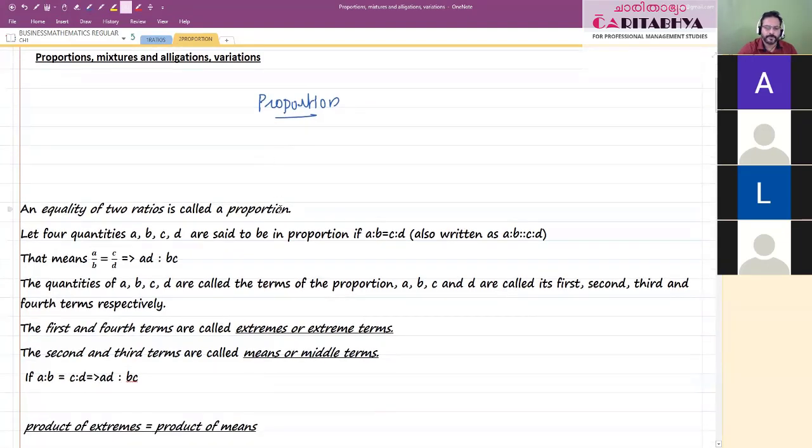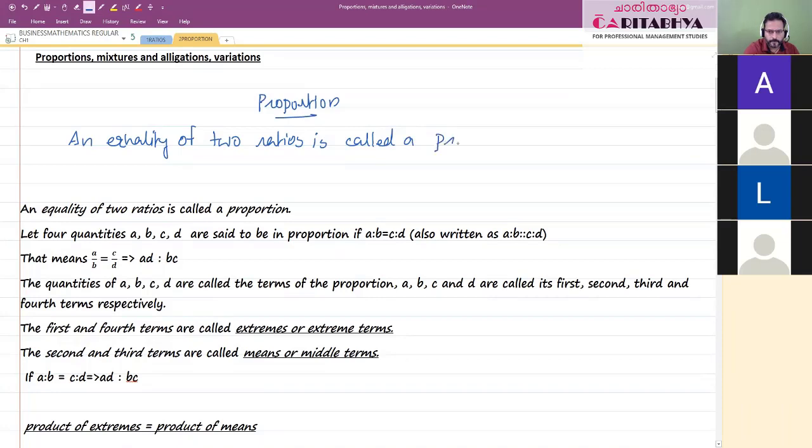So in that proportion, first definition: an equality of two ratios is called a proportion.